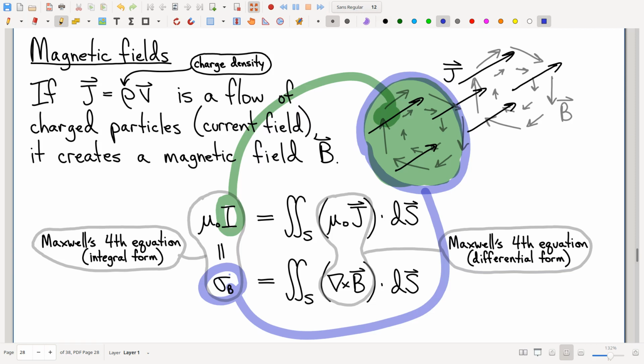You can just straight up measure these things, and empirically, what they find is that they are proportional. This apparently is how the world we live in works. The magnetic circulation is always proportional to the charge current.